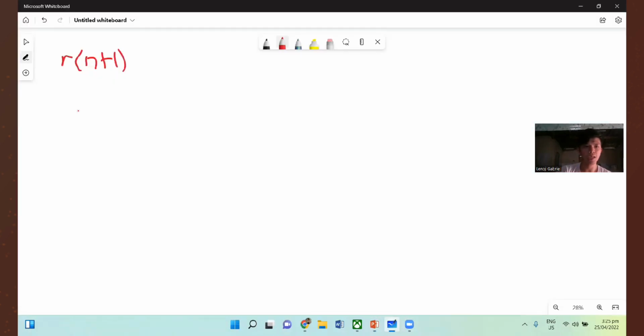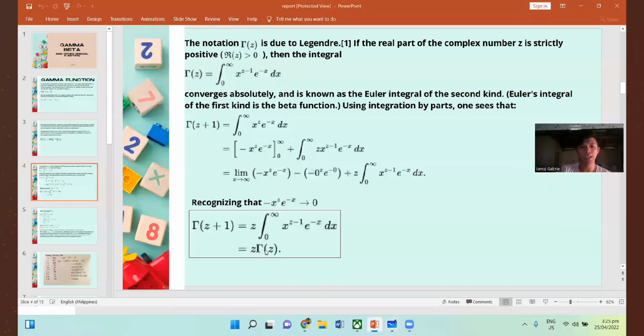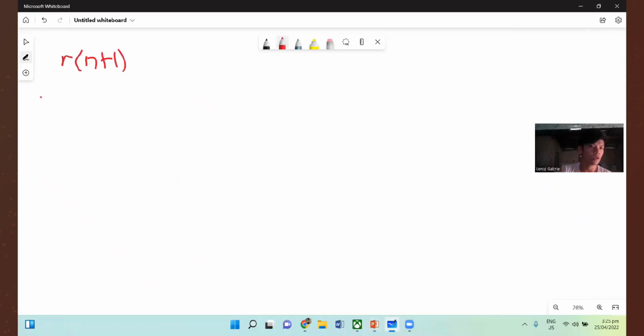So tayo naman is n. So to prove natin na dapat ang magiging sagot nito is n gamma of n. Same with this. Kasi dito hindi niya pinakita yung ano. So gamma of n plus 1 equals to, so meron tayong formula.